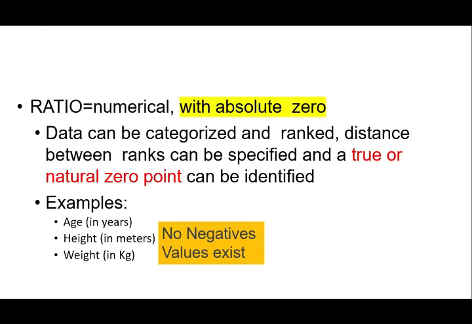We don't have less than zero height in meters. Okay, let me correct that one. We have zero for age in years, especially if you were just newly born. But before zero, there are no negative ages. The same goes with height. There is zero height in meters. But beyond that, nothing.